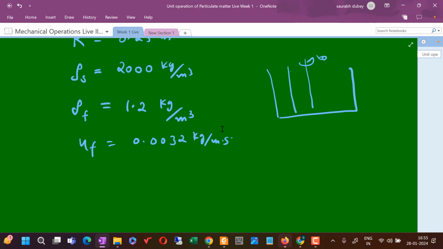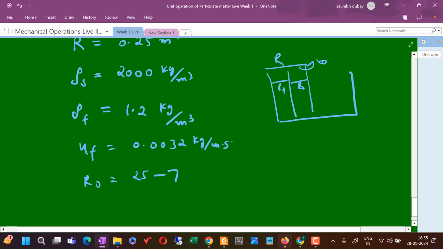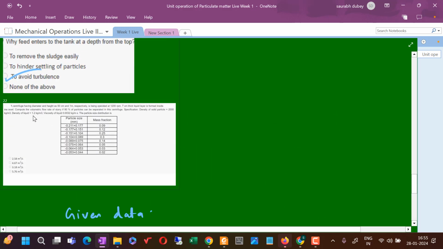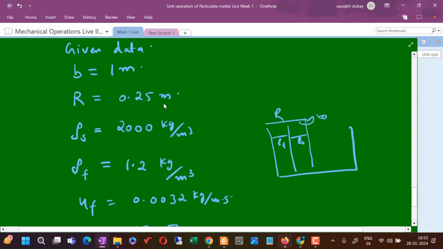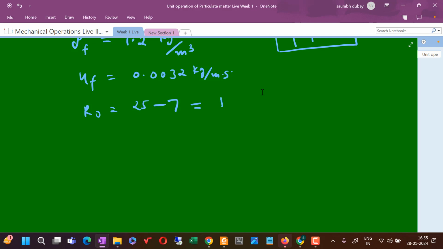So R0 means R minus the thickness Rt. This will be R0 equals 25 minus 7, as in the question it is said that a 7 centimeter thick layer is formed inside the bowl. So this will be 18 centimeter, meaning 0.18 meters.